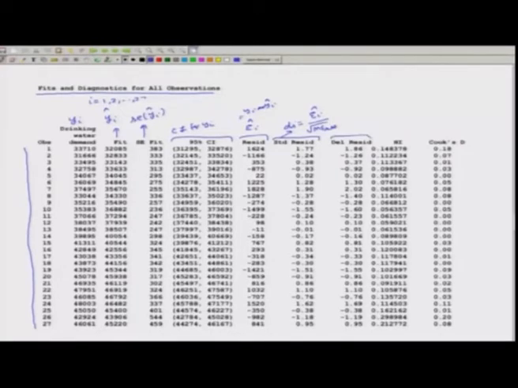And this is our deleted residuals, which we had denoted as epsilon i bracket hat. And this hi in our notation is hii, the ith diagonal element of the hat matrix H.